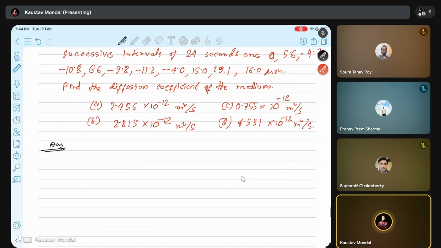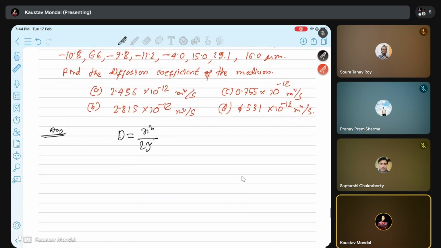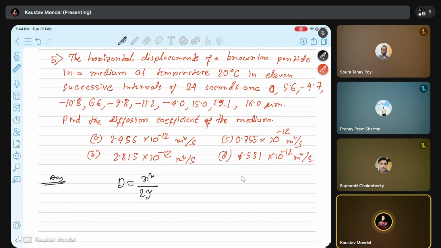That is tau. From Einstein's relation, D equals r square, that is MSD, divided by 2 tau, right? This we know.